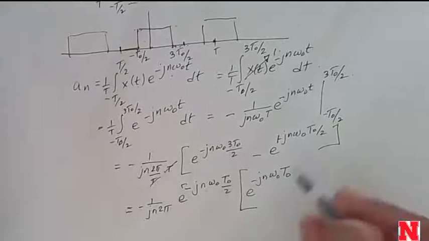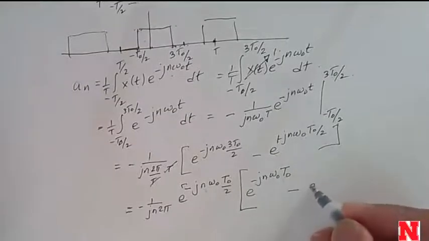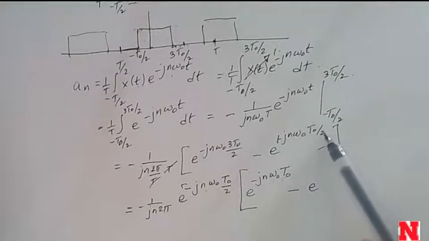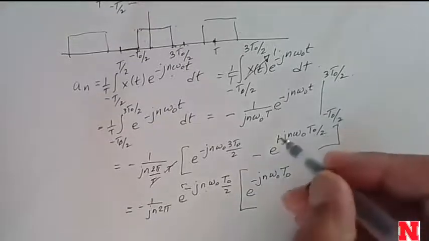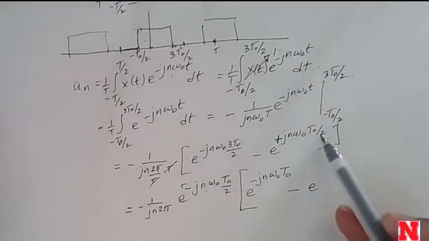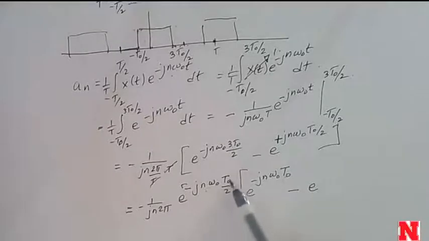And now I'll do the same thing here. Here, I want to end up with t naught over 2 plus t naught over 2. So this is plus here. So I want to end up with plus t naught over 2. I have a minus t naught over 2 here.